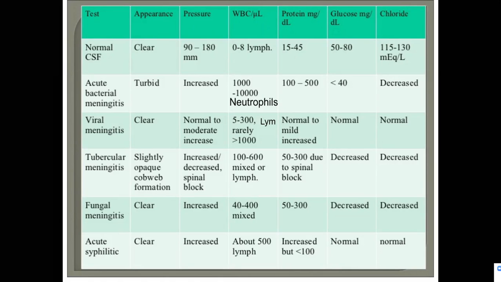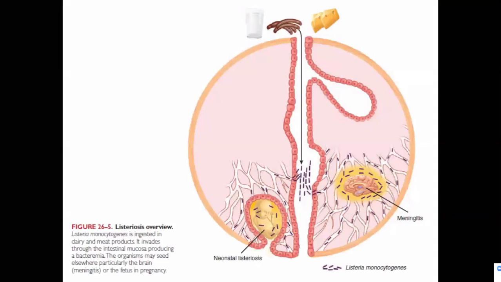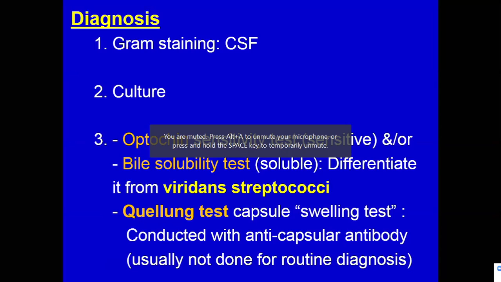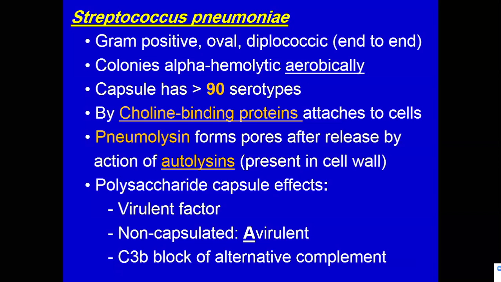Doctor, I have a question: is Streptococcus pneumoniae capsulated or non-capsulated? In one part it says non-capsulated and we talked about it, and I did not understand. Streptococcus pneumoniae is capsulated, with more than 90 serotypes. The polysaccharide capsule, look here on the slide, is a virulence factor. The non-capsulated variants are avirulent, not pathogenic.